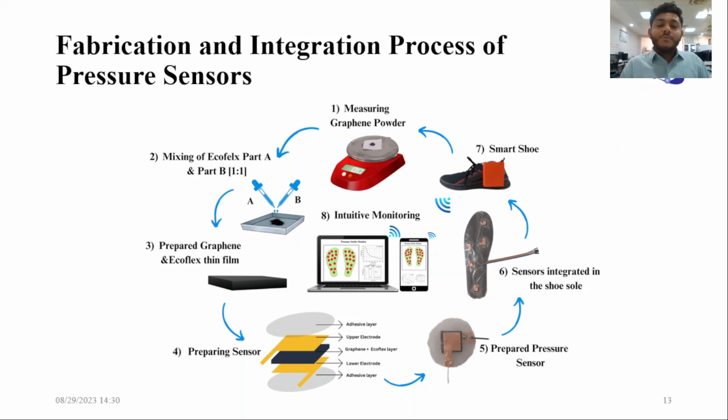And then we have our pressure sensor layers, and then we have the fabricated pressure sensor, which is then integrated into the smart shoe sole, and then the shoe sole is integrated in the shoe for the human quality gait purposes.